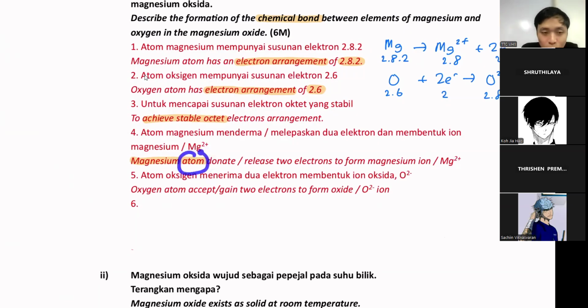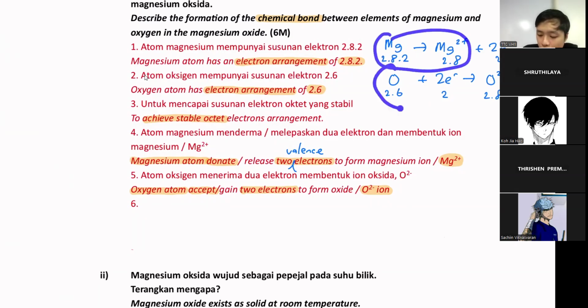If they see atom missing, then wrong. So magnesium atom donates two electrons, or to be more precise, two valence electrons, to form magnesium ion, which is Mg2 plus. On the other hand, oxygen atom accepts two electrons to form oxide ion.